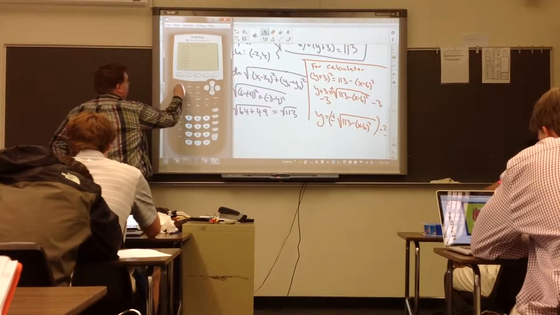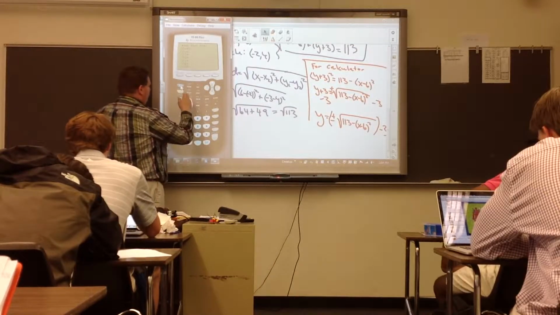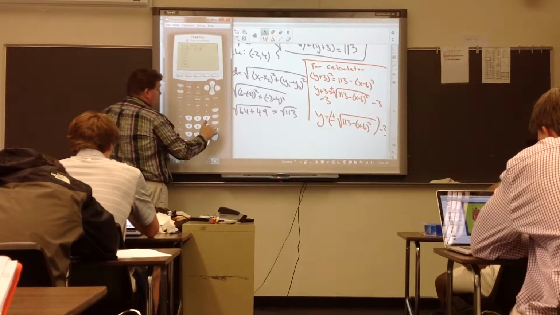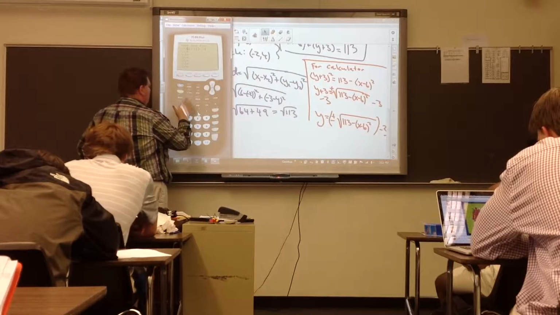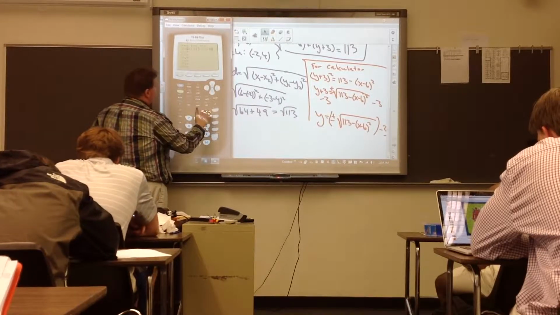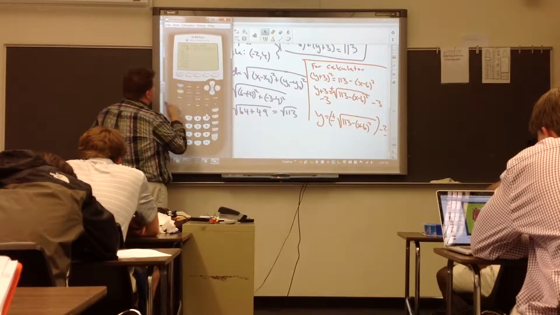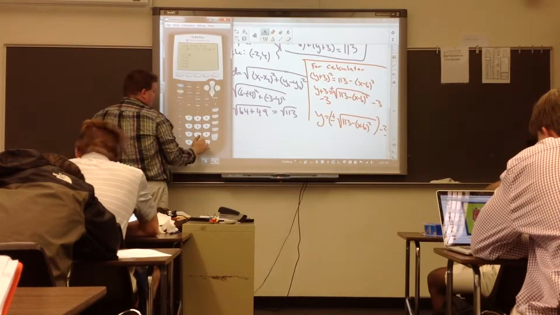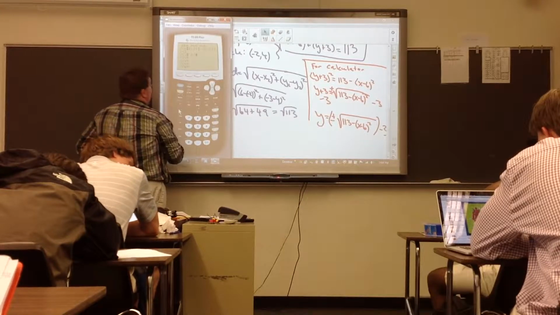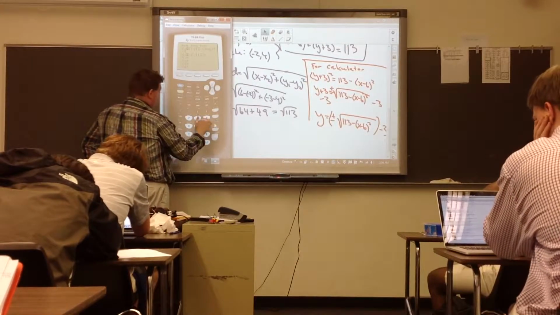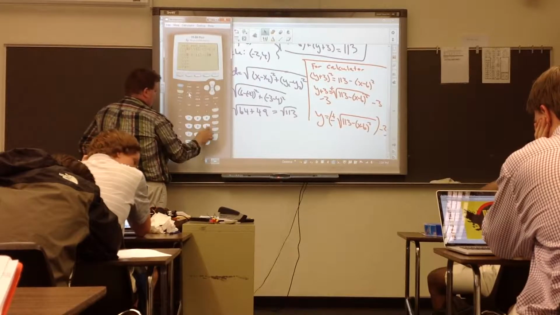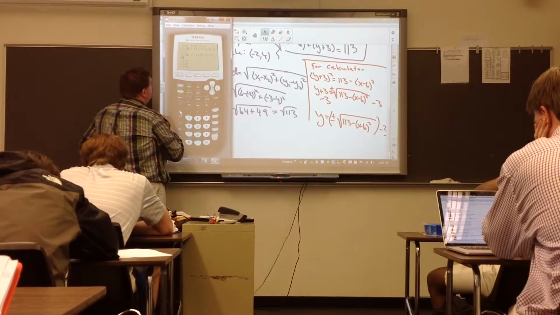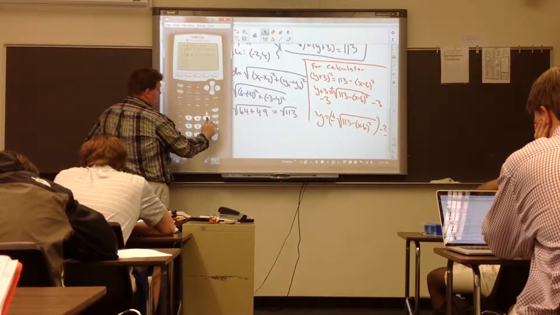So my first graph, I would do the square root of 113 minus x minus 6 squared, minus 3, okay? And then same thing with the negatives. Negative the square root of 113 minus parentheses x minus 6 close parentheses squared, close parentheses again, minus 3.